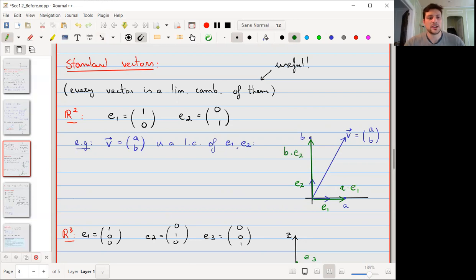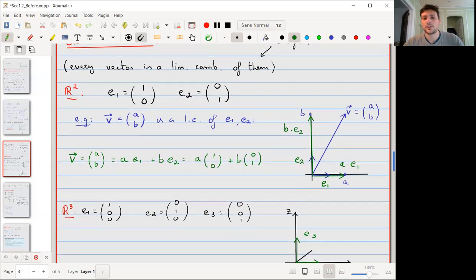What I've been writing there is that we can write v, which is (a, b), as a times E1 plus b times E2. Or more explicitly, a times (1, 0) plus b times (0, 1). So we can always decompose every vector in a linear combination of standard vectors.